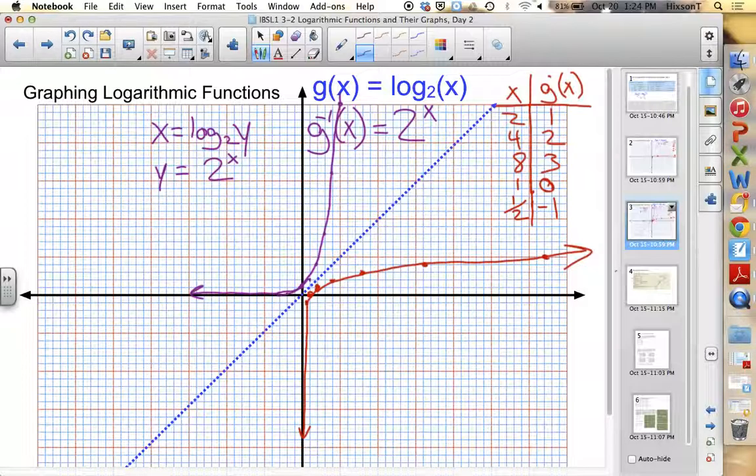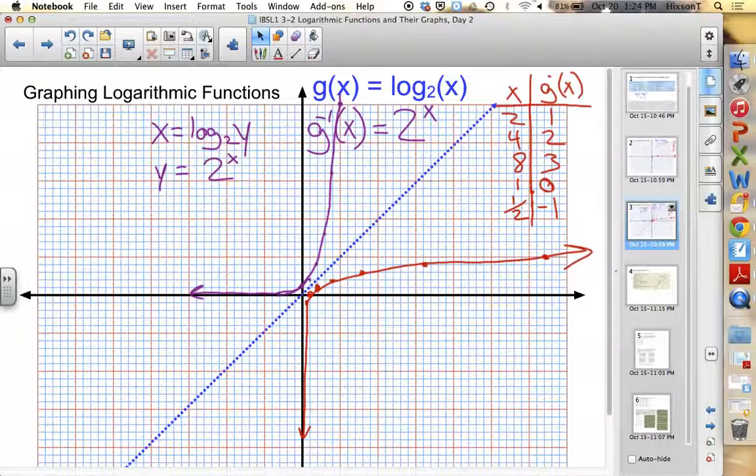The range of our logarithm is all real numbers. What was the domain of our exponential? That was our range. The domain of our exponential was all real numbers. Keep that in mind. Inverses swap their domain and range.